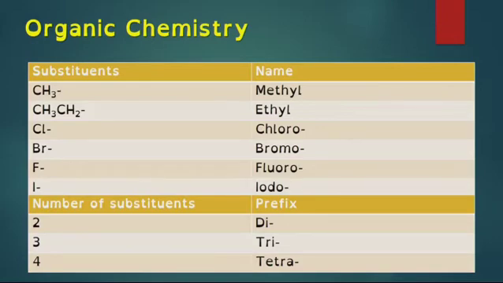In grade 12, you will only be expected to deal with 2, 3, and 4 of the same substituent. So if there are 2 methyl groups, when we name it, dimethyl. If there are 3 methyl groups, we name them trimethyl. And when we have 4, we refer to it as tetra.